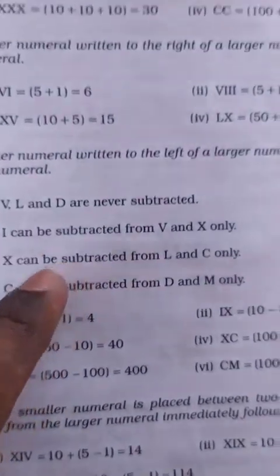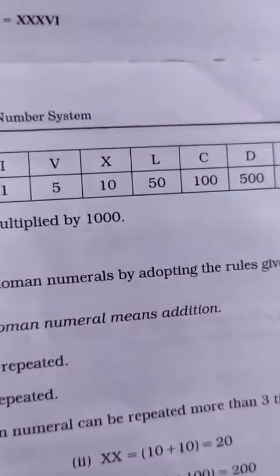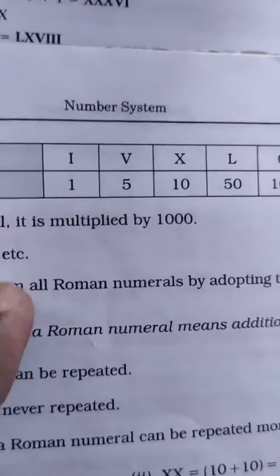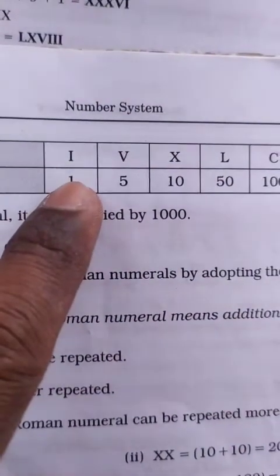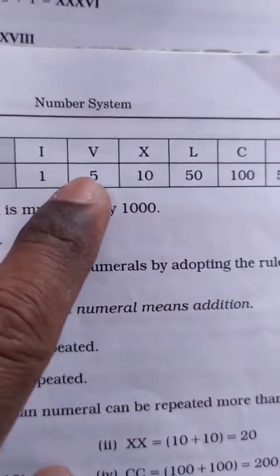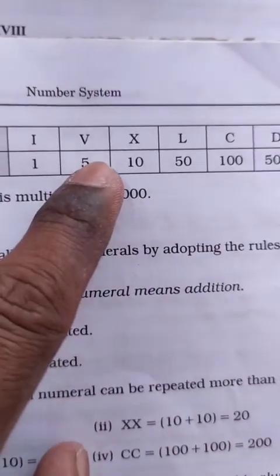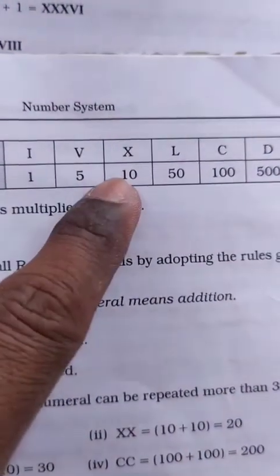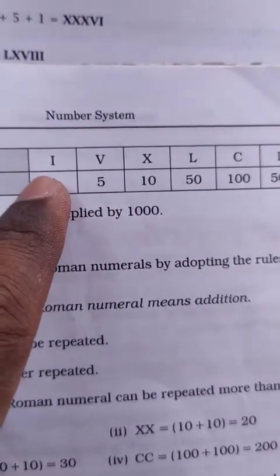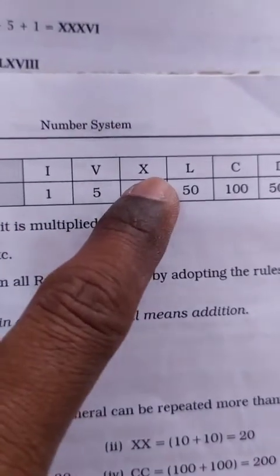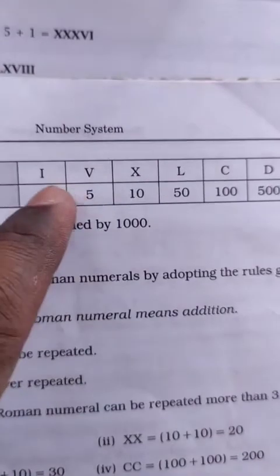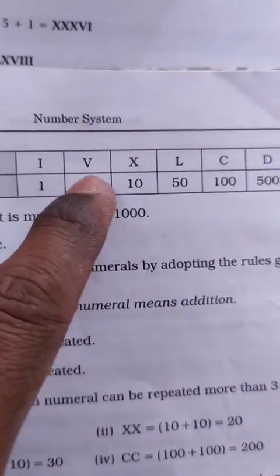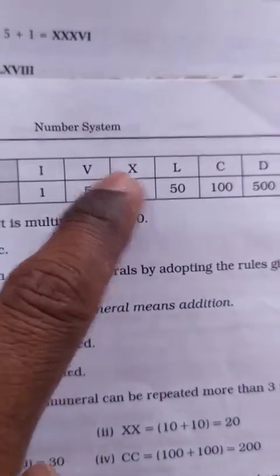It means, come to the table. It says any numeral can be subtracted from its next two larger numerals. That is, after I, V and X come. So I can be subtracted from V and X only.